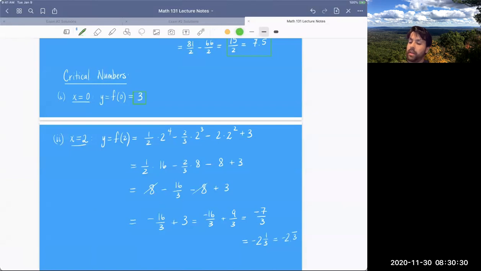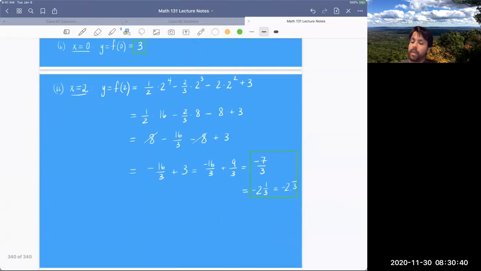So it's going to be a repeated number. So that's the y value when my x value equals 2.